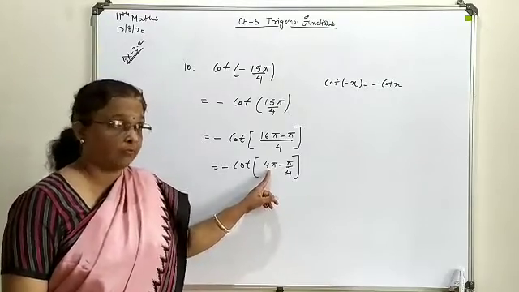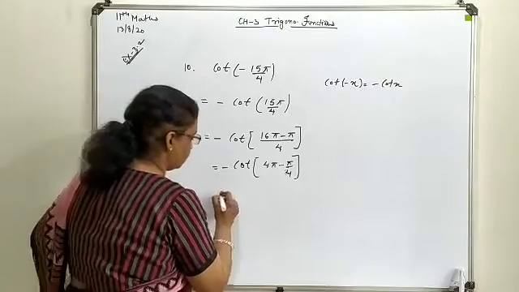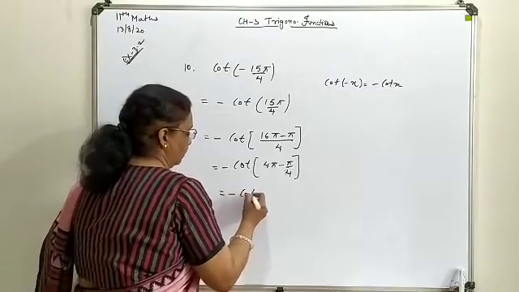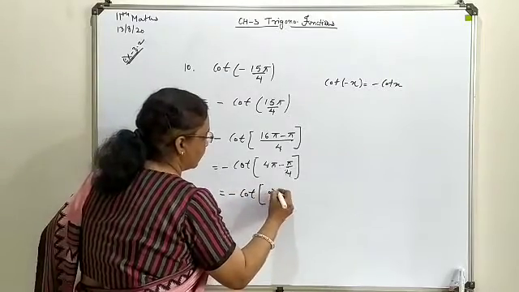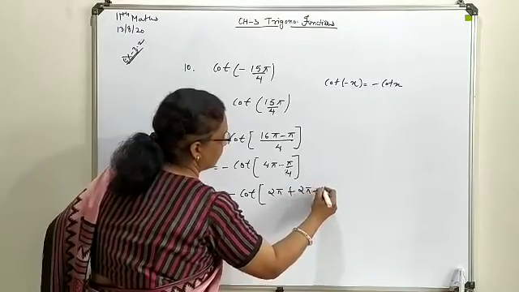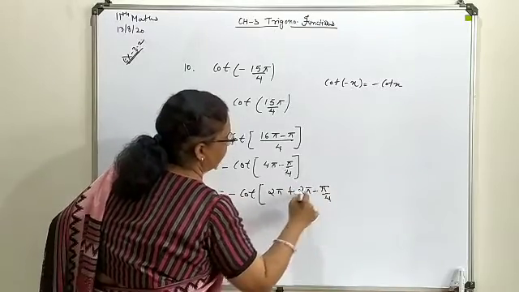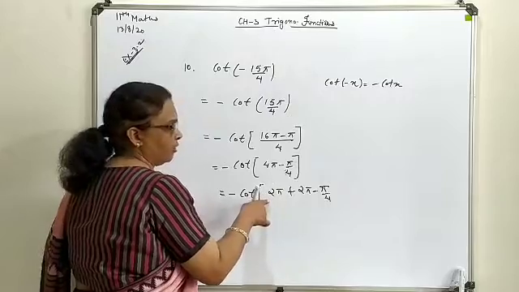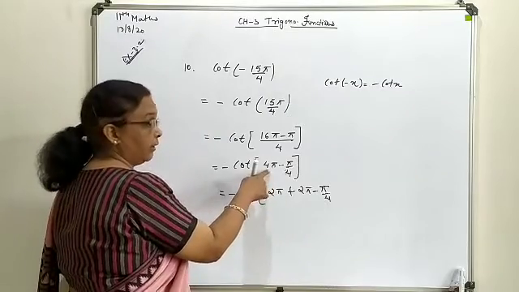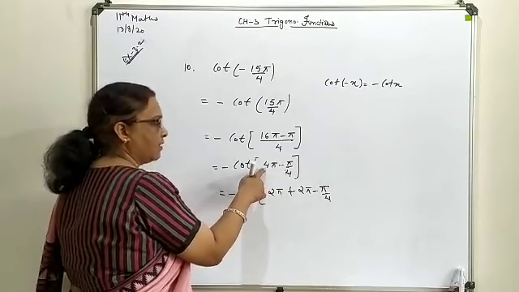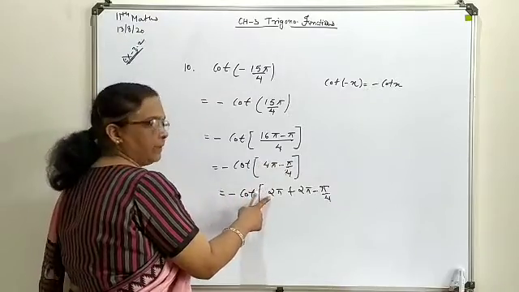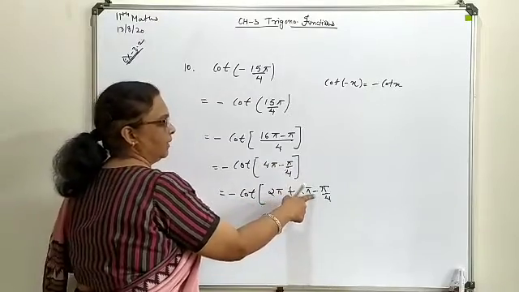So in that case, what will you do? This way you make it separate. This minus sign you combine with 2 pi and the remaining combination you write here. Suppose it is your 6 pi. At that time it is to be written as 4 pi and 2 pi minus pi by 4.